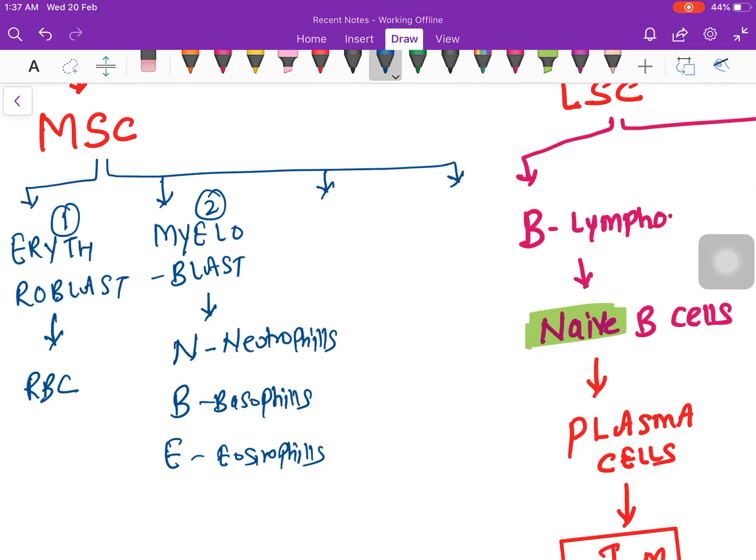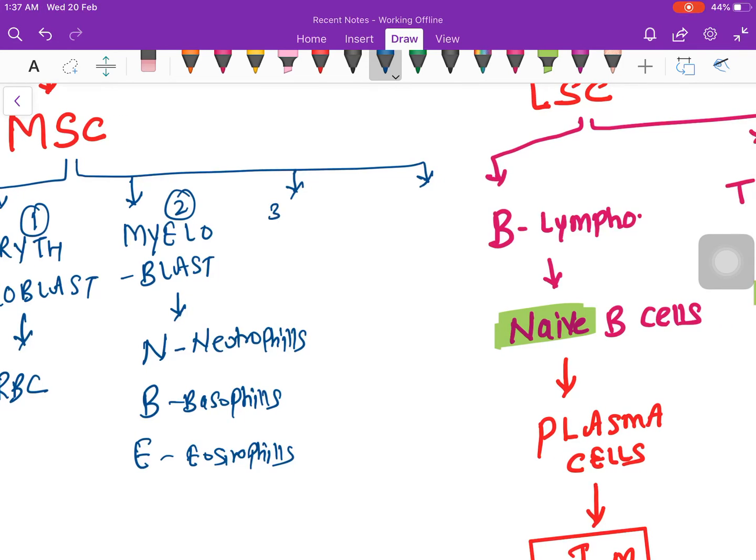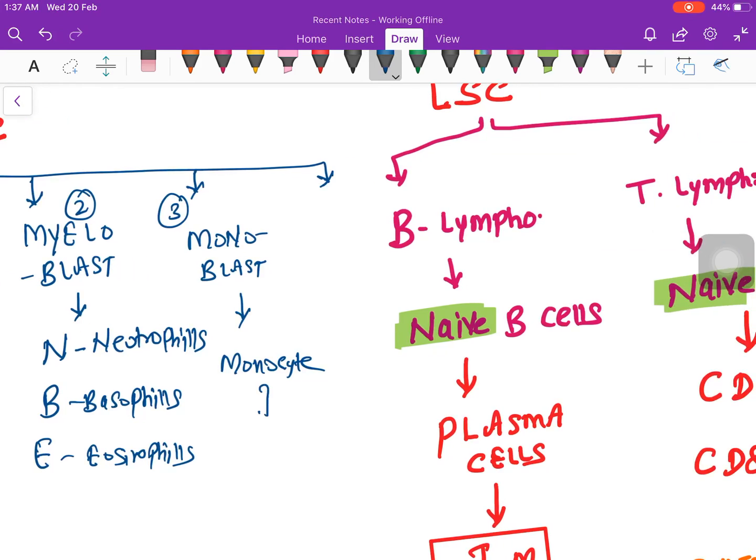A third type of cell is called monoblast. This monoblast will form monocytes, and these monocytes will form macrophages. The last type of cell in the myeloid stem cell category is megakaryoblast.